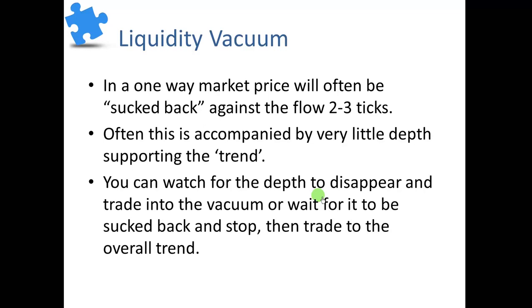So in a pullback, in an up move, you do not want to see large sell market orders aggressively hitting the bid. You do not want to see rapid momentum downwards, and you do not want to see sell market orders double the buy market orders. You don't want to see that imbalance on the way down, because you're expecting this just to be a balanced market where the vacuum is pulling you down.